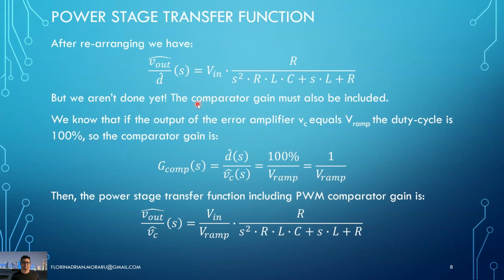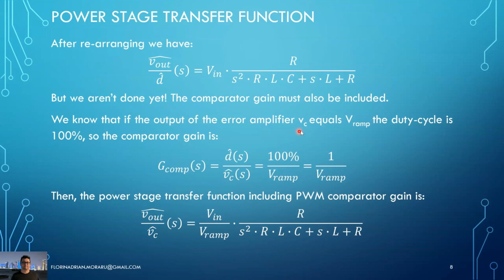However, we still have the comparator gain. This is more related to voltage mode control, but we will discuss this aspect later. In voltage mode control, we have a comparator, and it's the way the duty cycle is derived. At the input of the comparator, on one input we will have a voltage ramp, and on the other input we will have the output of the error amplifier.